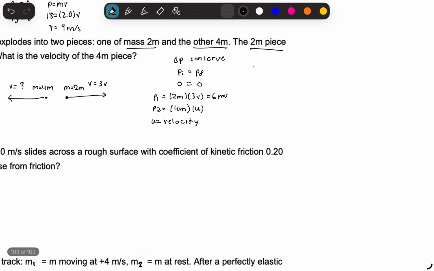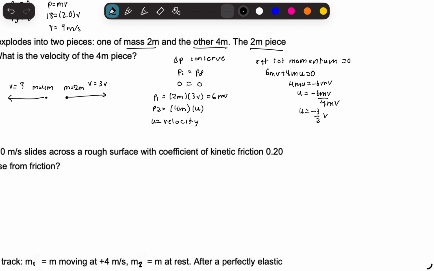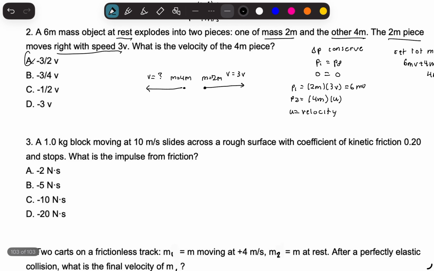Now you can set your total momentum equal to 0. So you have 6mv plus 4mu is equal to 0. You have 4mu is equal to negative 6mv. u is equal to negative 6mv over 4m. u is equal to negative 3 over 2 v. So your answer is going to be A.